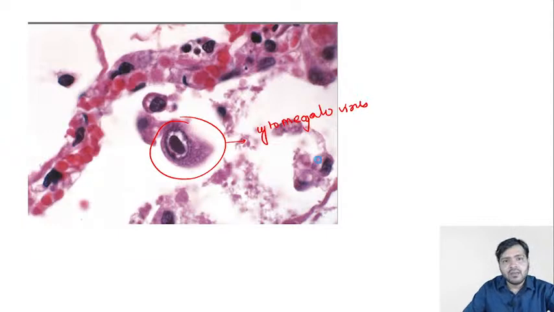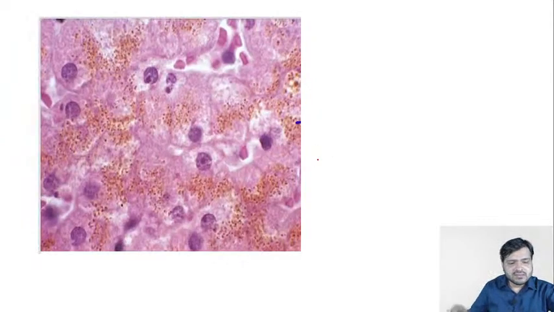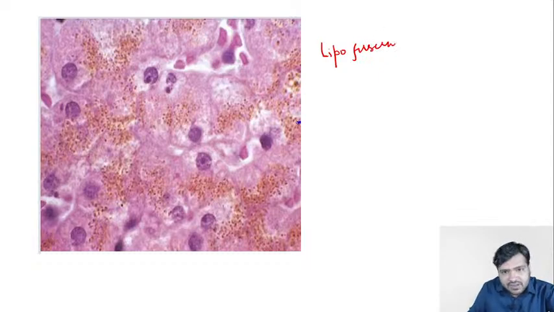Moving on to the next image, guys, you can see that this structure is the lipofuscin stain, and you can very well appreciate that this brown structure is the perinuclear brown pigment. This is the stain which is helping to stain the perinuclear brown pigments.